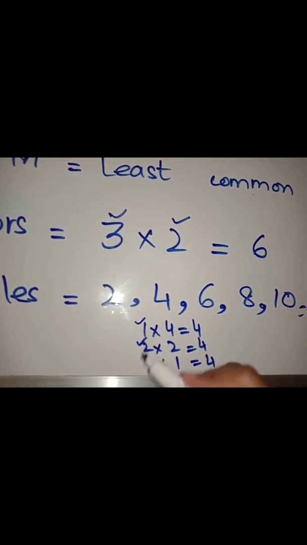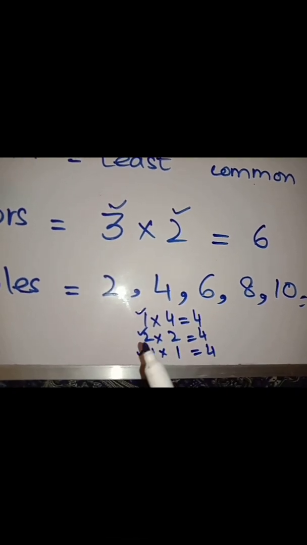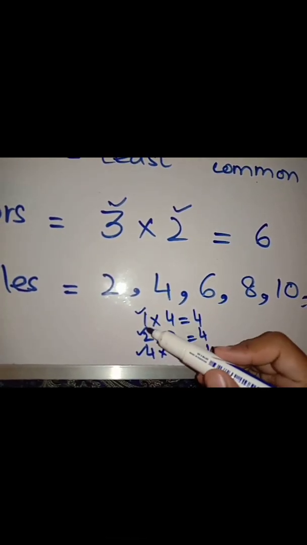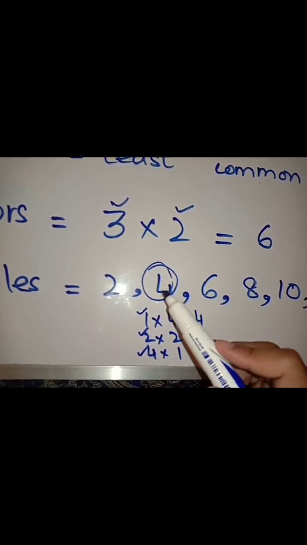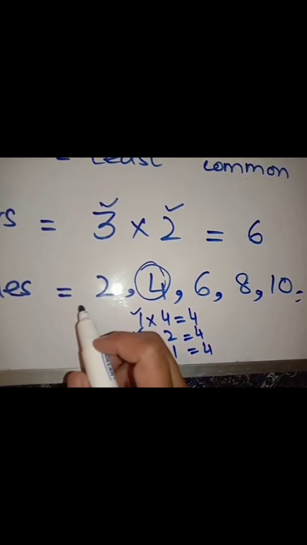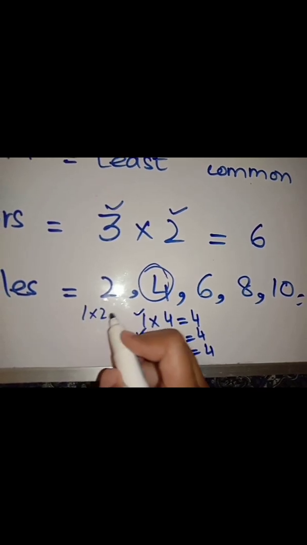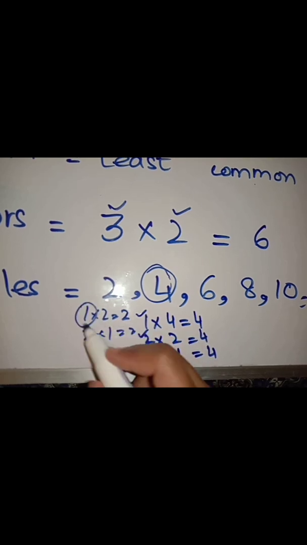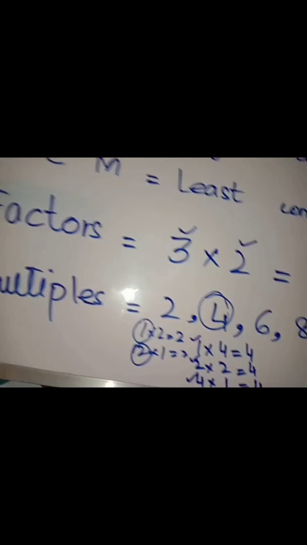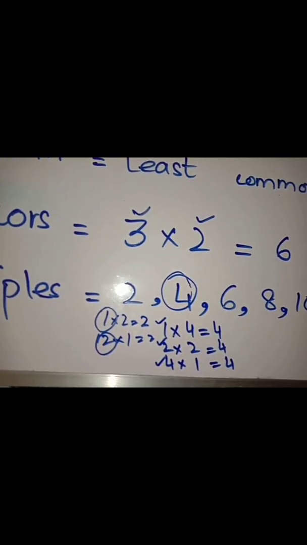We have 3 divisibility factors, 1, 2 and 4. So whenever we have more than 2 factors, then the number will be a composite number. Alright, and here we have 1 twos are 2 and 2 ones are 2. Whenever we have only 2 divisibility factors, then it is said to be a prime number.